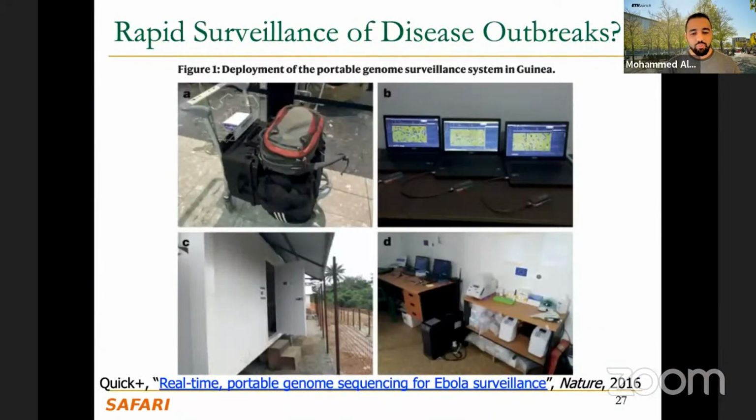These are the portable devices that we had during Ebola time. You can see the sequencer attached through a USB cable to the laptop, where you do the sequencing and the analysis together in one machine. This is very easy to distribute to remote areas where we don't have access to resources.